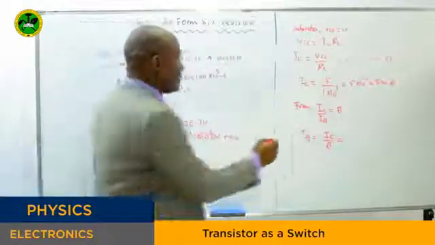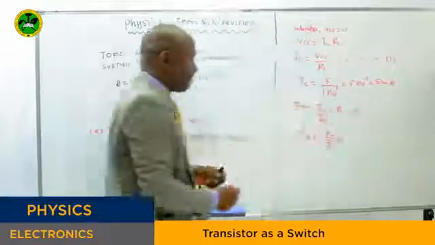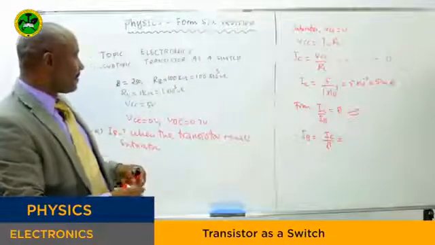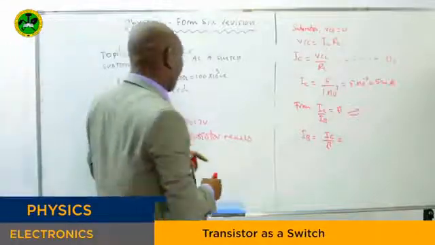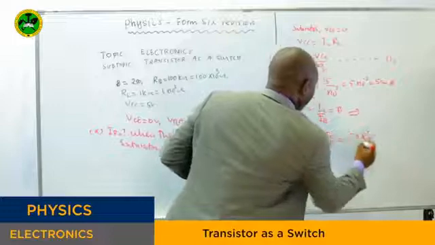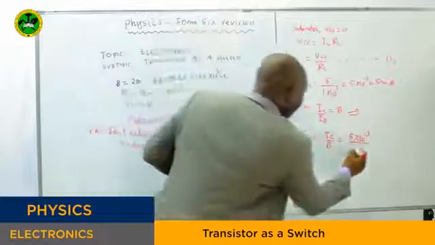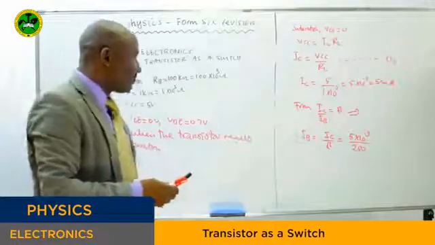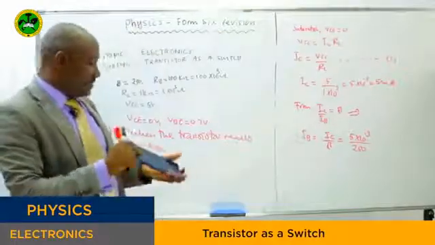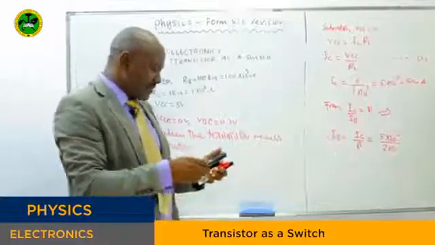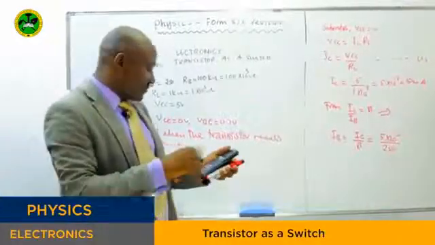You can make the substitution. If you substitute the value of IC, which is given as 5 times 10 negative 3, over the current gain, which is 250, using a calculator you can find the base current. This is the minimum base current at which the transistor will reach saturation.